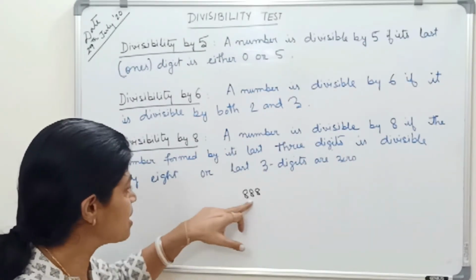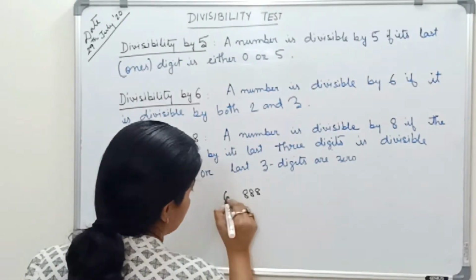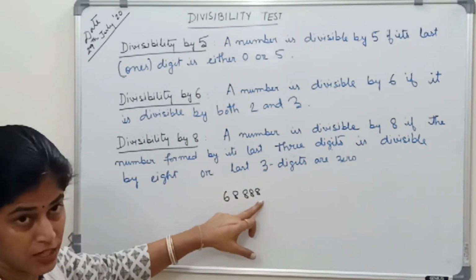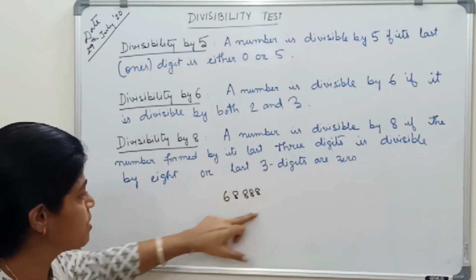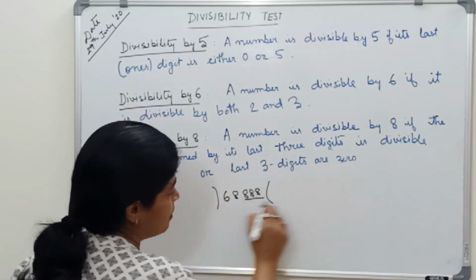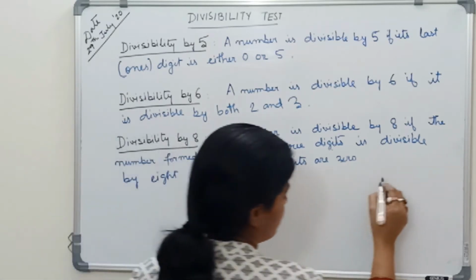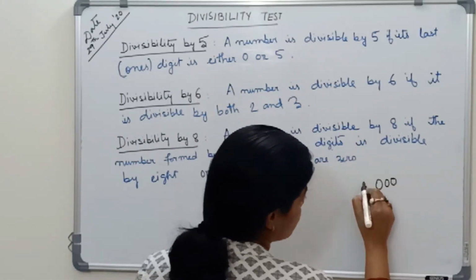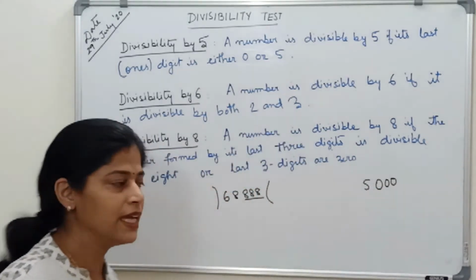So we can have a number, say 6, 8, 8, 8, 8. Then this number will also be divisible by 8. If the last 3 digits are divisible by 8, then this whole number will also be divisible by 8. And if the last 3 digits are 0, then also this number will be divisible by 8.